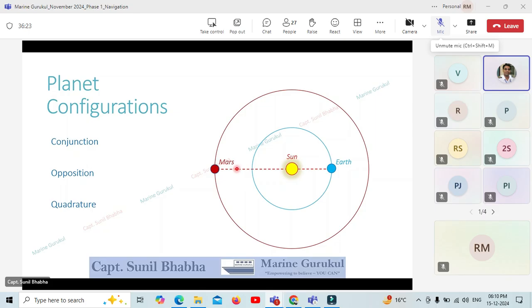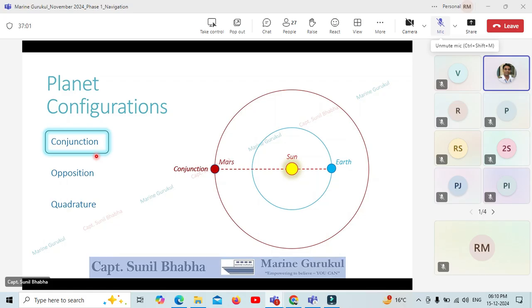Now this particular placement of the planet with respect to the sun is called conjunction. We say that planet Mars is in conjunction with the sun. So this is the meaning of the first term, conjunction. It basically means that the planet is in the same direction as the sun.